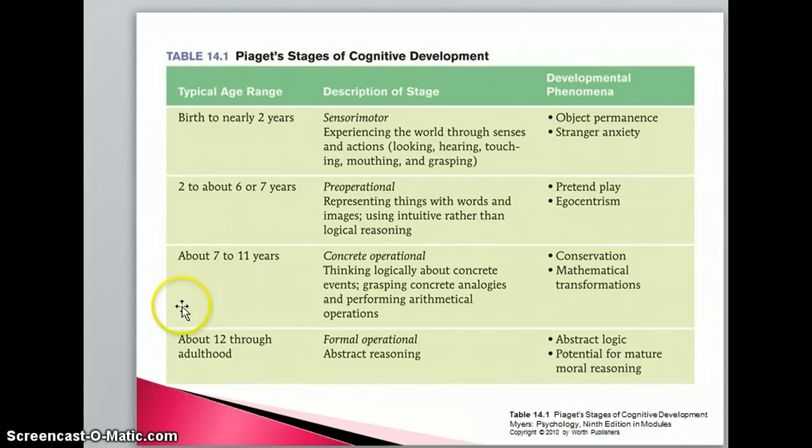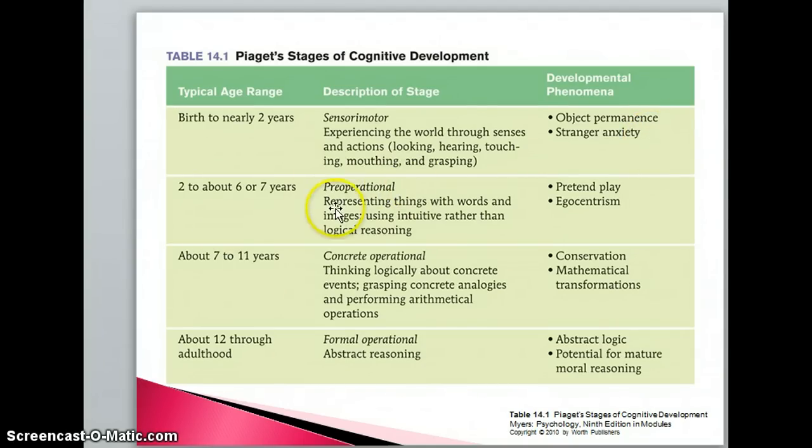And as you can see from this diagram, there are 4 stages of cognitive development outlined by Piaget. The first one is the so-called sensorimotor stage of development. You can see the name here, from 0 to 2. And 2 of the developmental events that are characteristic of this stage, that develop during this stage, are concepts of object permanence and stranger anxiety.